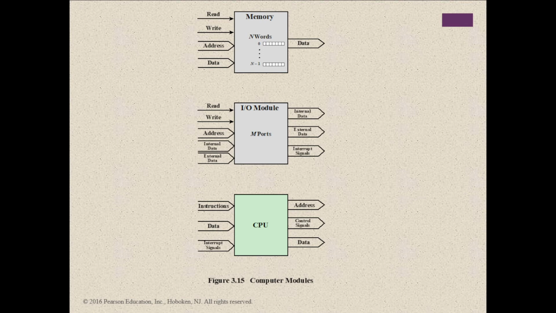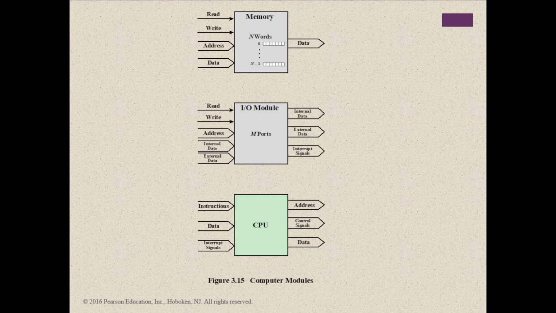We can refer to each of the interfaces to an external device as a port and give each a unique address such as 0, 1, up to m minus 1. In addition, there are external data paths for the input and output of data with an external device. Finally, an I/O module may be able to send interrupt signals to the processor. If you're familiar with computers, what are the input and output devices?